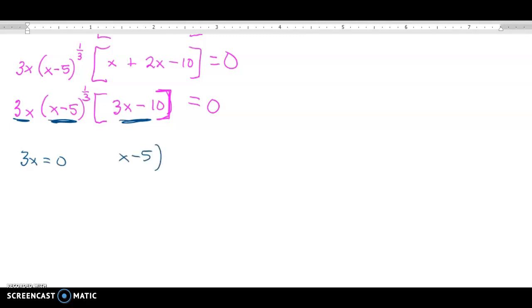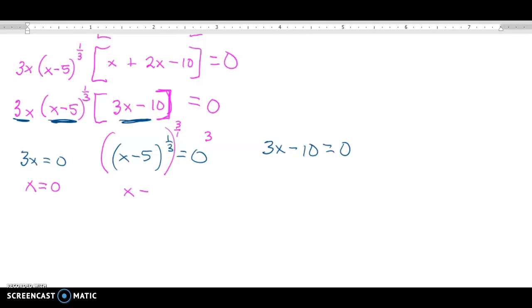Those are the factors. So we always set our factors equal to 0. 3x equals 0, x minus 5 to the 1/3 power equals 0, and 3x minus 10 equals 0. And now we solve. Divide by 3, divide by 3. X equals 0. We would raise this to the 3rd power to cancel out the 1/3 power.